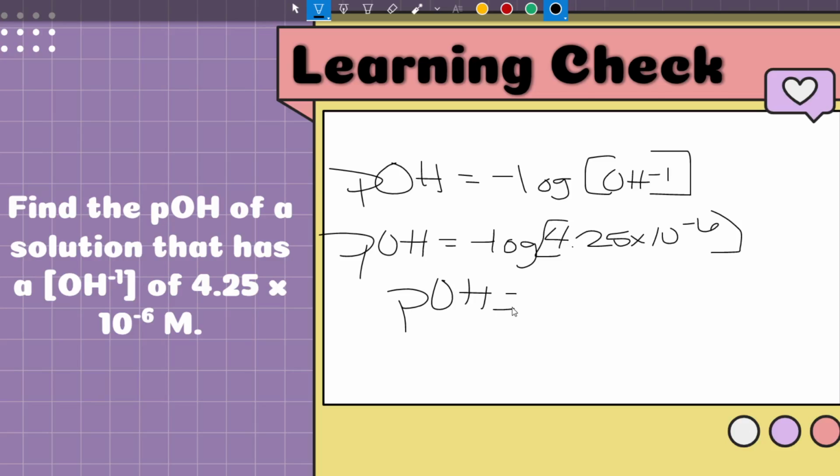Remember, you can always use the E button to enter the 10 to the negative 6. And so my pOH is 5.4.